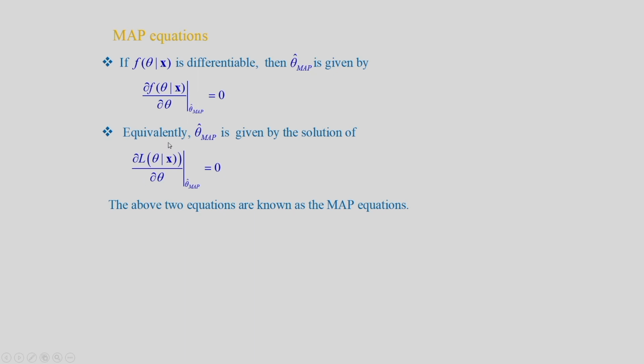Or in terms of the log likelihood function, we can write del L del theta at theta hat MAP is equal to 0. Either we can solve this equation or this equation. The above two equations are known as the MAP equations.